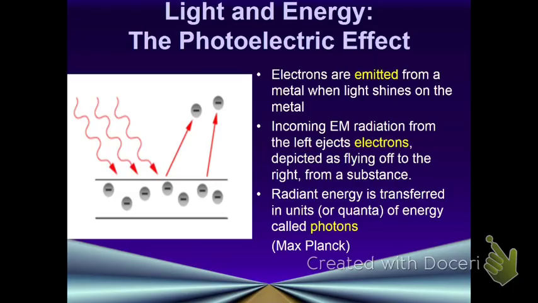And then that radiant energy is transferred into the units that we call quanta or photons, and we're going to talk about that further. But basically, light hits it with sufficient energy, ejects the electron, and it's emitted as light in the form of a photon.